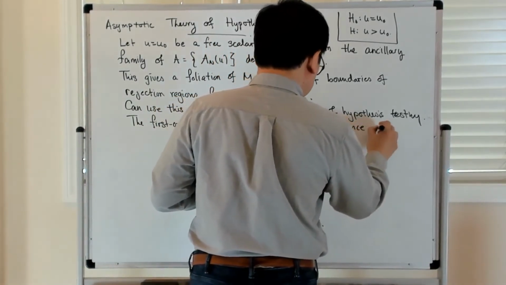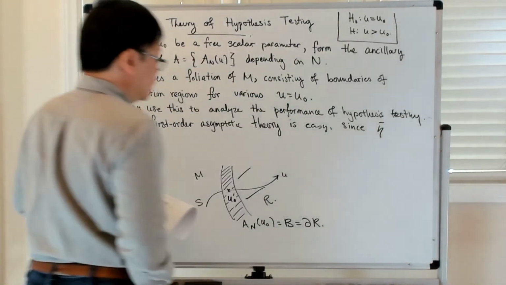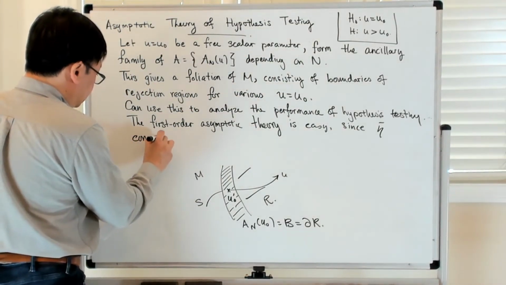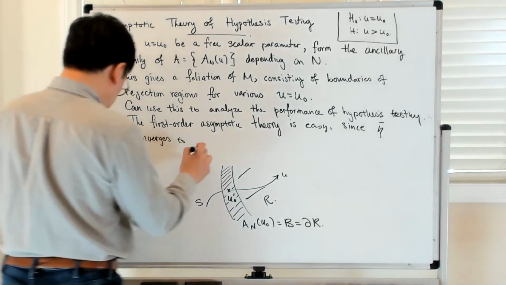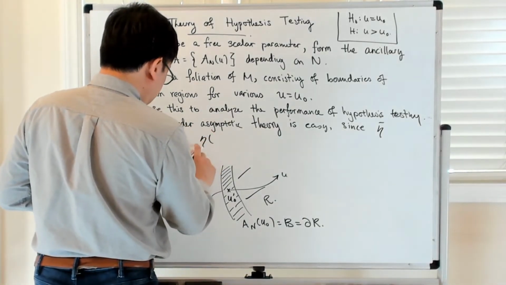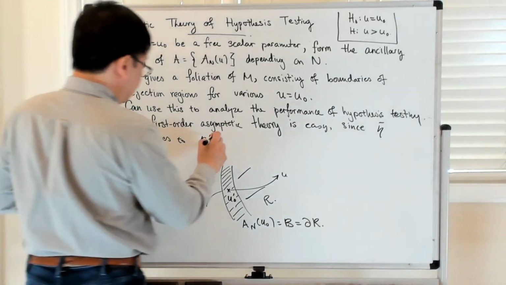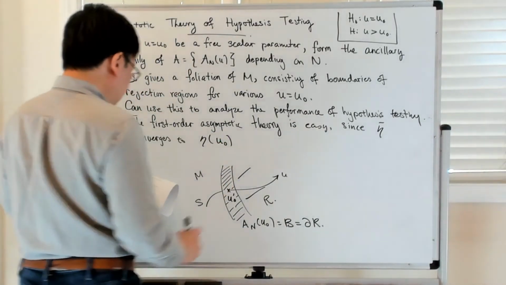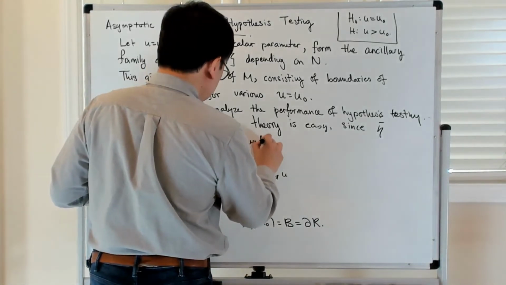So this estimator converges to the dual coordinate associated with the null hypothesis value under the null hypothesis.